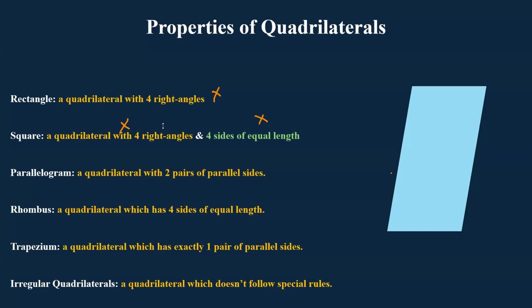We can see that the left and right side are parallel to each other and the top and bottom are parallel to each other. I'm not going to draw the lines on the screen again, guys, because what I'd really like us to do is look at it and visualize it mentally, see it in our heads and try to consider whether it's parallel or not without the aid of anything drawn onto it. So perfect, it is a parallelogram.